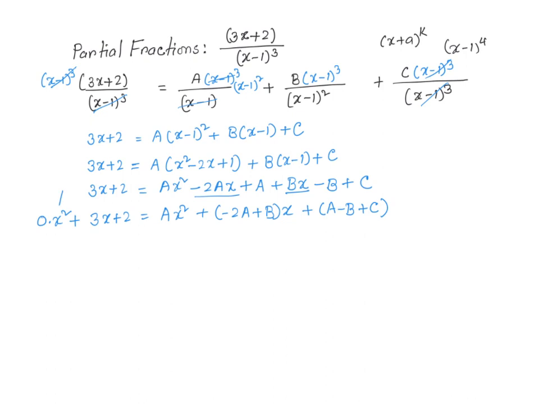So the coefficient of the square term on the left must be equal to the coefficient of the square term on the right. That right away tells me A must be equal to 0. Then the coefficient of the x term on the left, which is 3, must be equal to the coefficient of the x term on the right, which is negative 2A plus B. So negative 2A plus B is equal to 3.